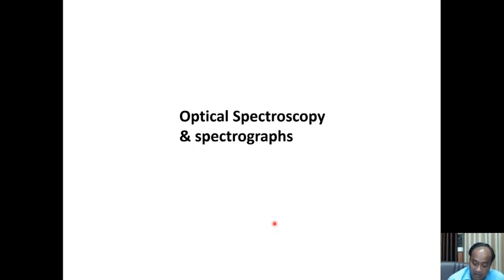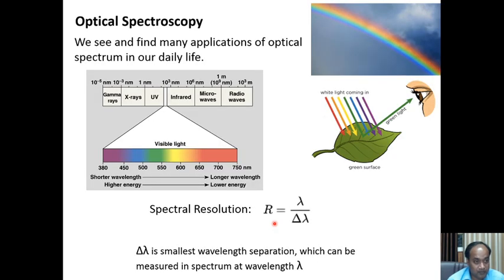So I'll talk about optical spectroscopy in a spectrograph. I said in the beginning that optical spectroscopy is something we realize in our everyday life. There are several natural phenomena which we see, for example the rainbows, which fascinate us. And there are also the colors. Whatever colors we see around us, if this room is yellow, or the leaves are green, we know that because white light is falling on them.